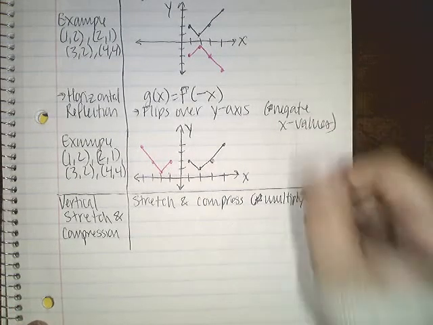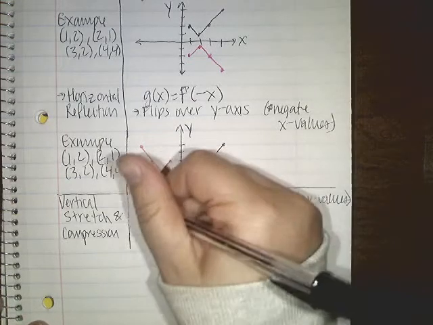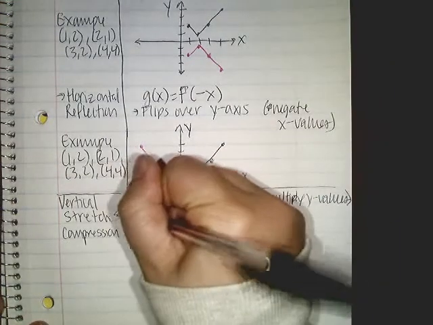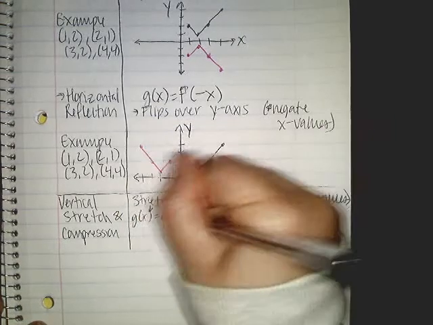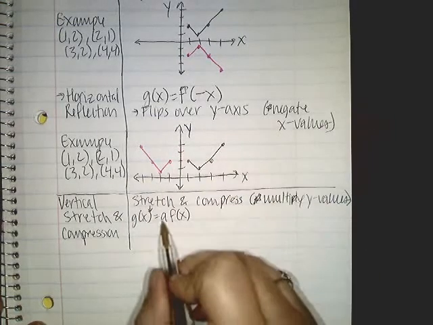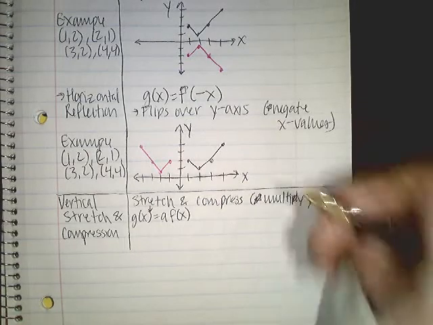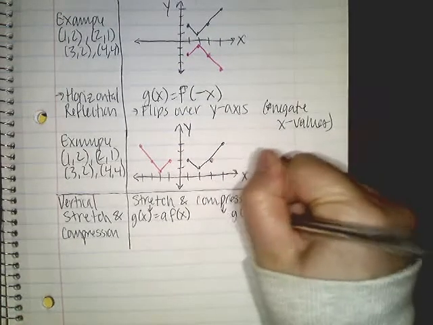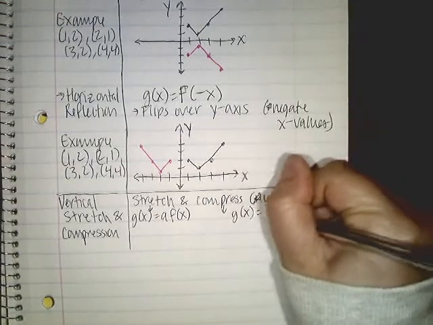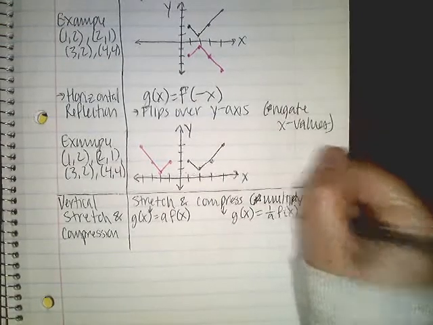So you're just multiplying your y values by a number. For a stretch, you get your transformed function by multiplying by a number greater than 1, whereas your compression, you get by multiplying by a number less than 1.